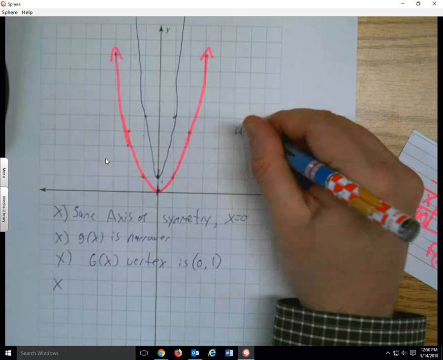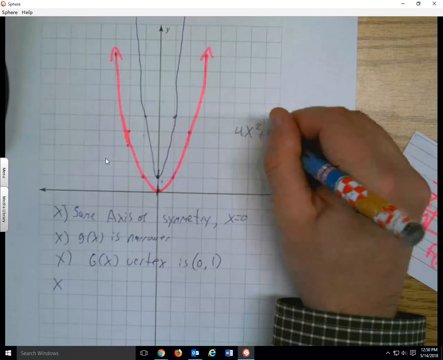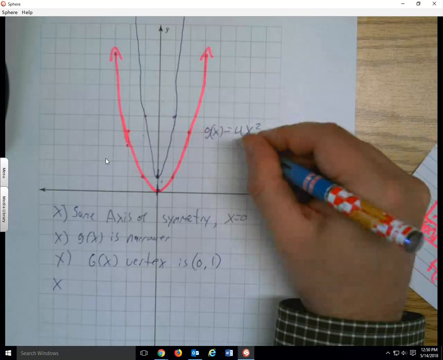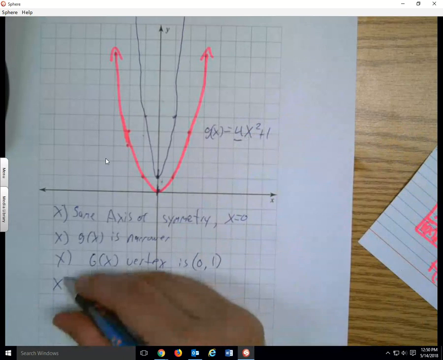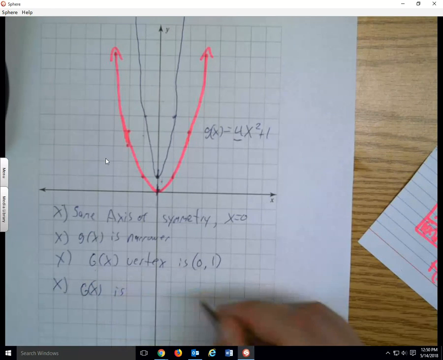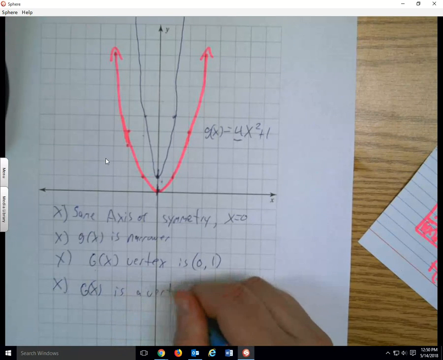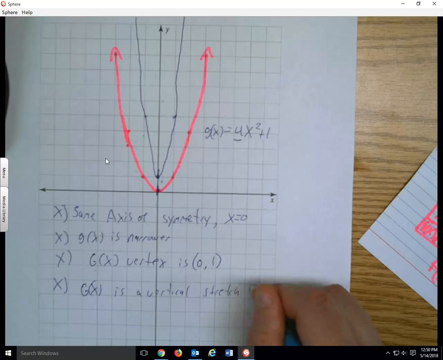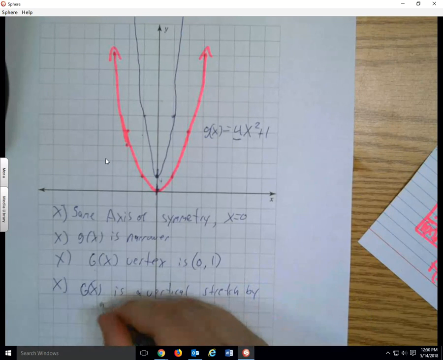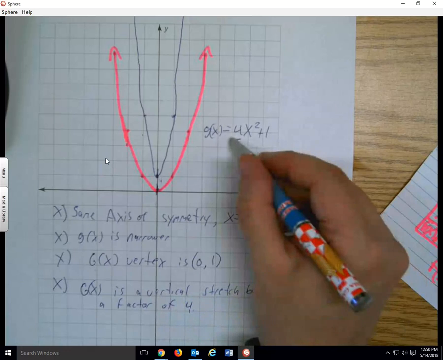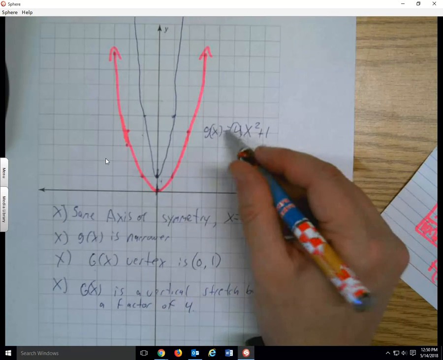I could just write the equation here, actually, so going back and forth. So g of x is a vertical stretch by a factor of 4. How did I know 4? Because that's the number that is in front of the x squared here.